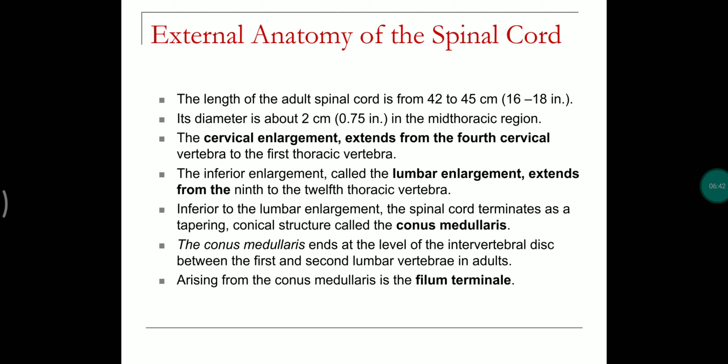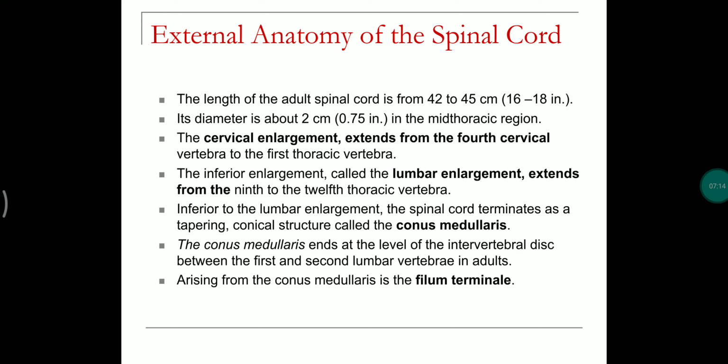Continuing from the lumbar enlargement, the spinal cord terminates, meaning it ends as a tapering, conical structure. We call it the conus medullaris. It ends at the level of the first and second lumbar vertebrae, L1 and L2, and from there we have a tail-like or hair-like structure.